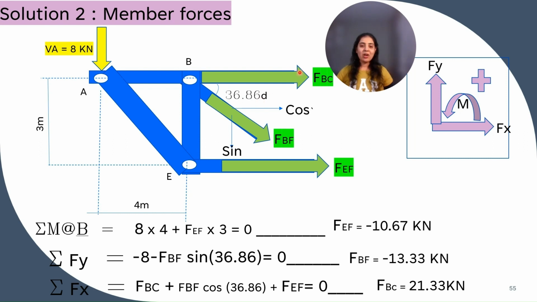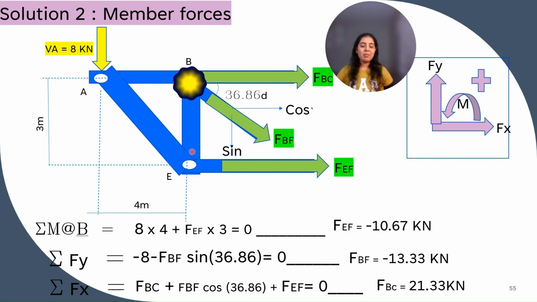Now we have these three unknowns and we have three equilibrium equations. Let's apply them, and don't forget the sign convention. Please always note it down before applying the equations of equilibrium.